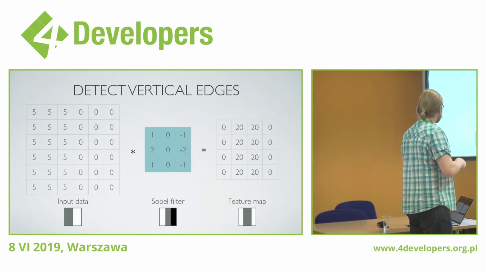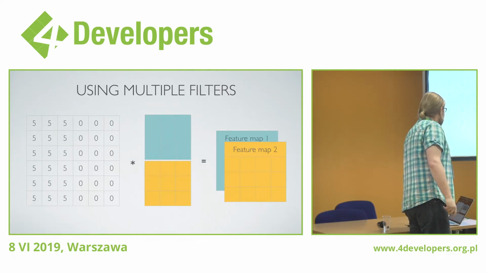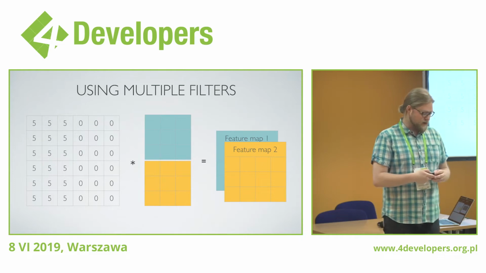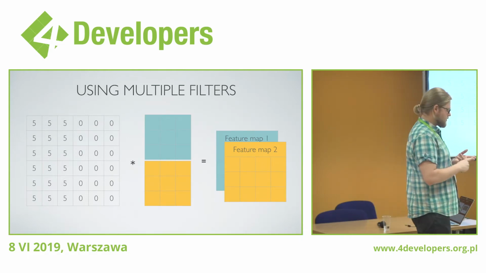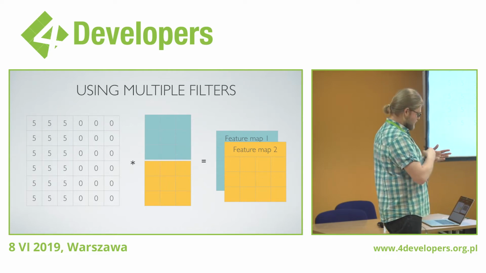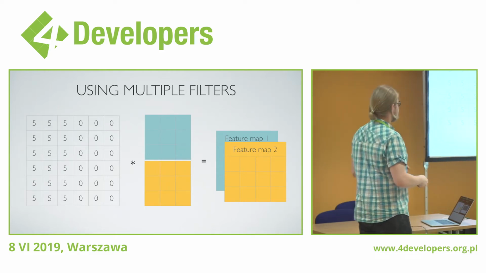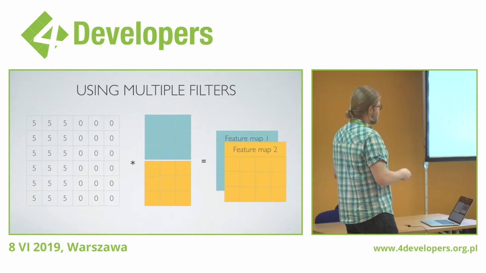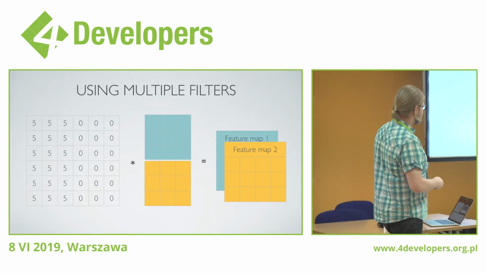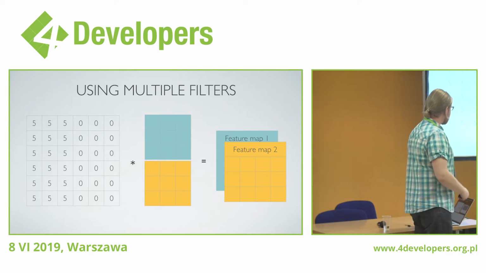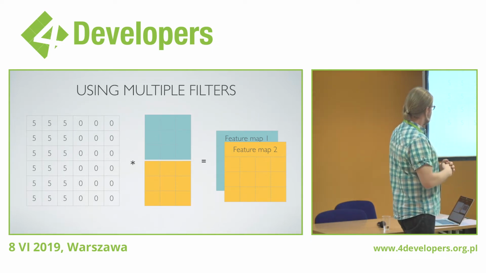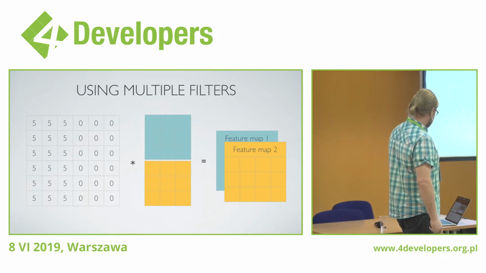This is how you can detect, with this example, horizontal or vertical edges. And you can have multiple filters, one for detecting horizontal edges, one for vertical edges, one for sideways edges, and so on. Each of these will create in the output its own feature map. So usually when you're training a neural network, you have quite a few of these filters.